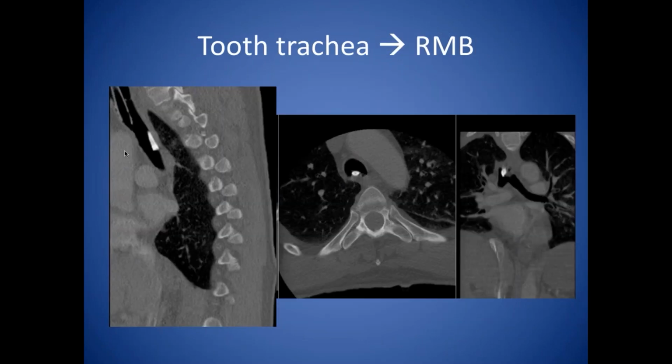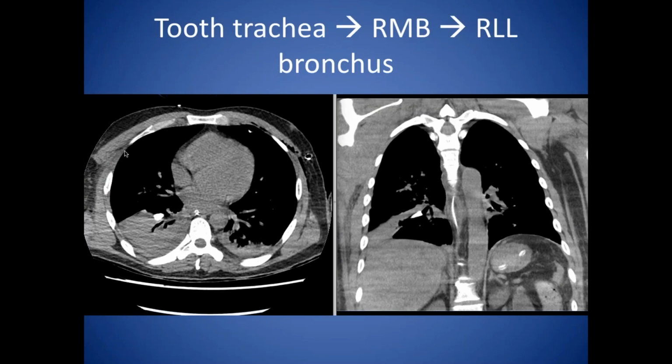This was a trauma patient who had all the trauma abnormalities reported very nicely on the film, but unfortunately the tooth that was in the lower trachea was missed on the original trauma. Anyway, the patient did very well from the trauma, and then they went on to have problems about 3 or 4 days later.